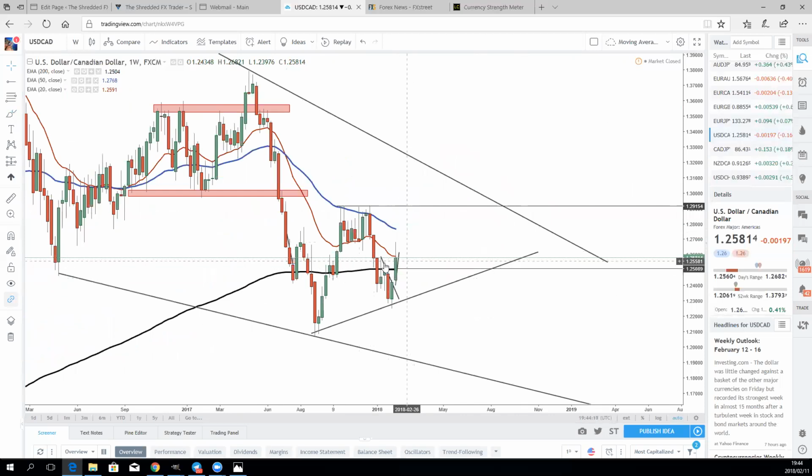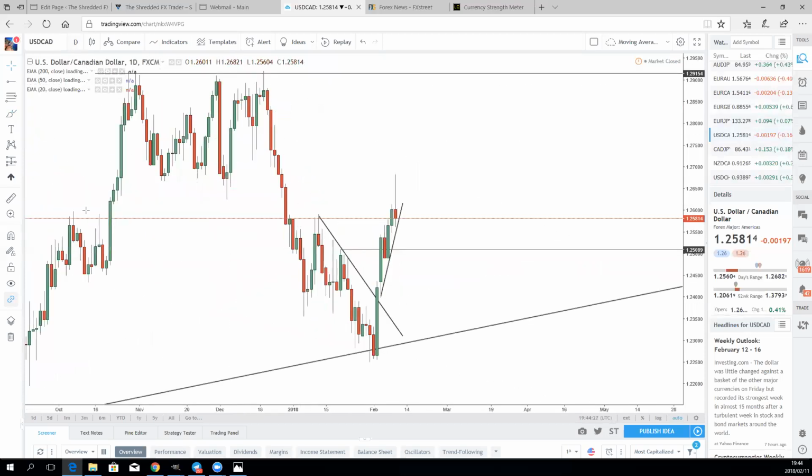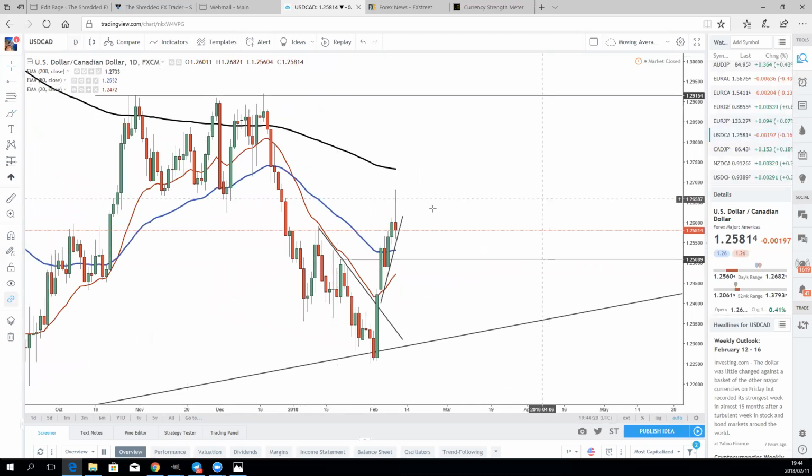However, we do have big momentum from last week, so we should see some further upside. Okay, again, significant candle here, pull back to support, and then some further upside.